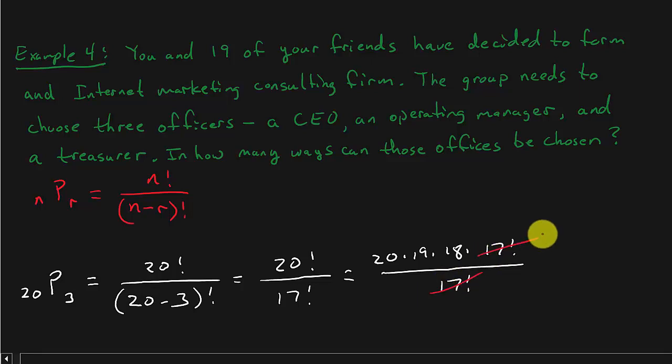The 17 factorials cancel, and I am left with 20 times 19 times 18, which is 6,840.